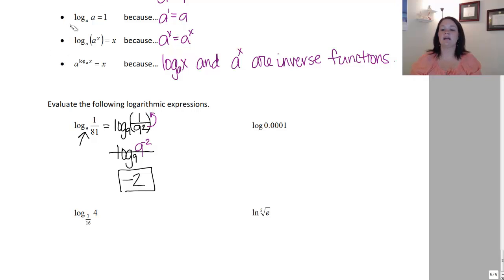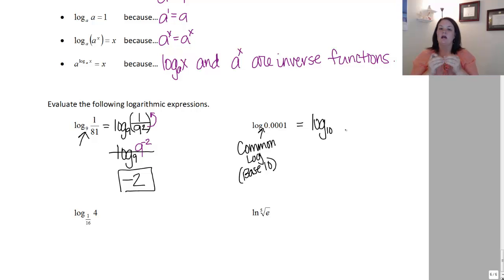If I move to the right, I just have log. Now, when there's not a number written here, that means that this is a common log. And when it's a common log, that means that it's an implied base 10. Okay, so I'm going to rewrite this as log base 10. Now, if I want to cancel out base 10, I want to be able to write this number as 10 to some power.